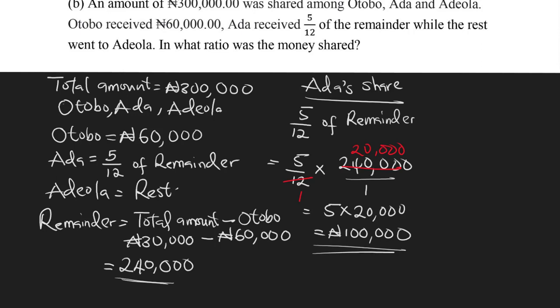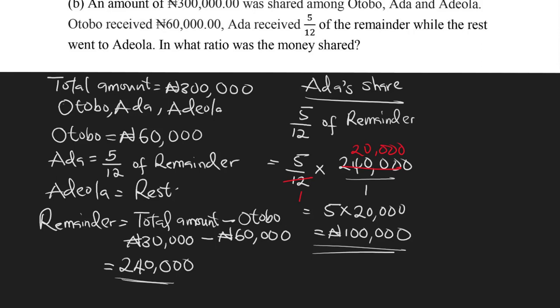Now the last person's share we have to calculate is Adiola's share. And remember that Adiola received the rest, right? So that means if you take the total amount, subtract Ada's share and subtract Otobo's share, we're going to get Adiola's share because she actually received the rest.